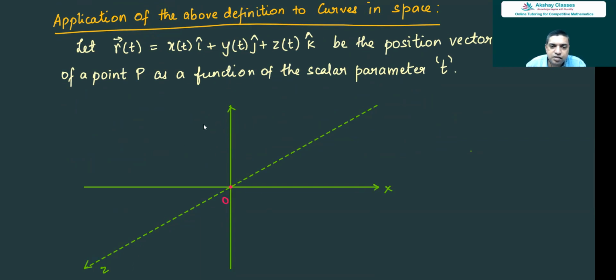Now the curve, let's say, is like this in space. It's a spatial curve. Now at a given instant t, this is the position vector of a point.